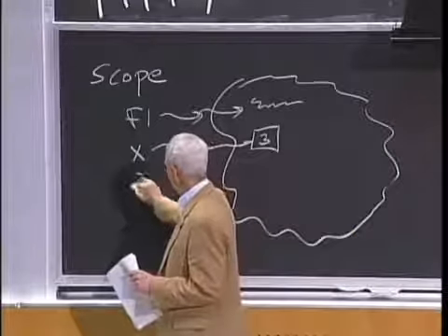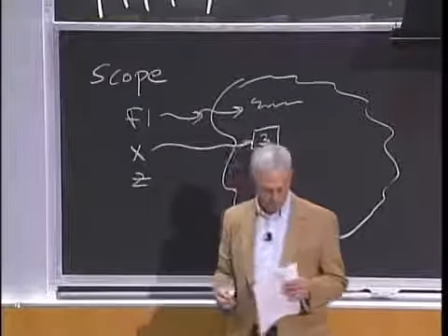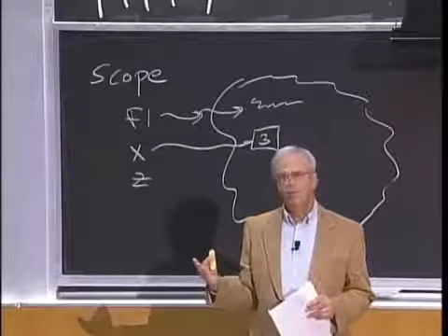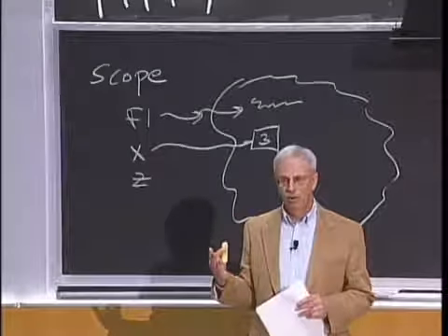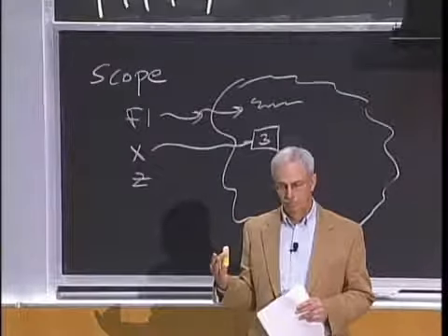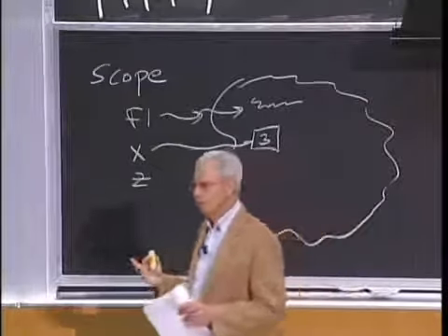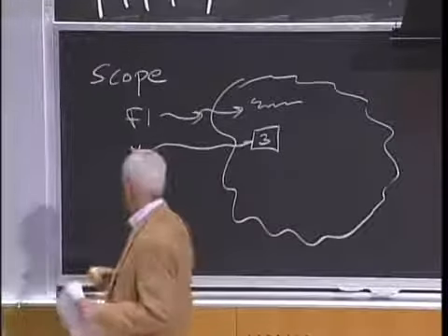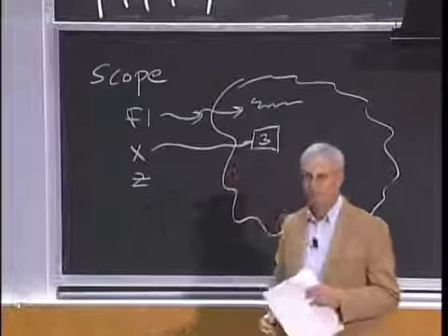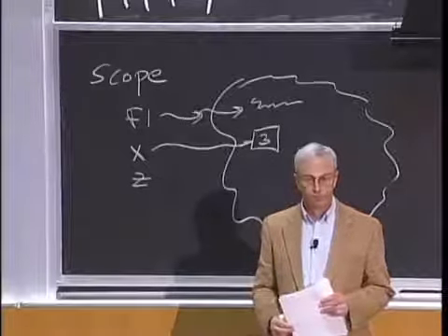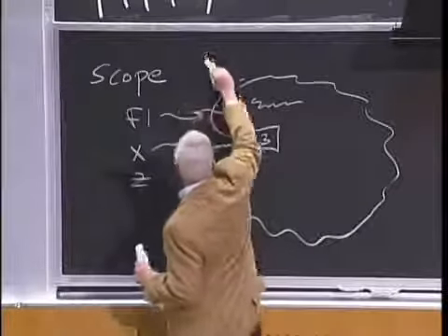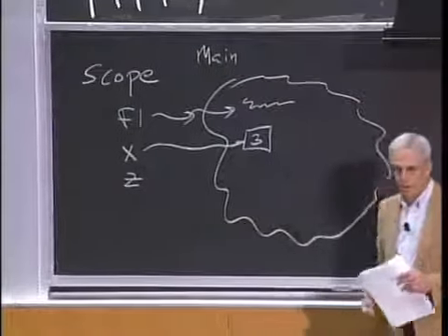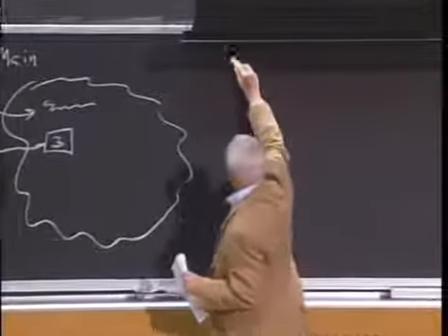It will then create another object, z. But before it can bind a value to it, it will invoke the function f1. Now the interpreter starts to execute f1. When it does that, it will create another scope. So this is the main scope. It will next create a scope called the f1 scope.